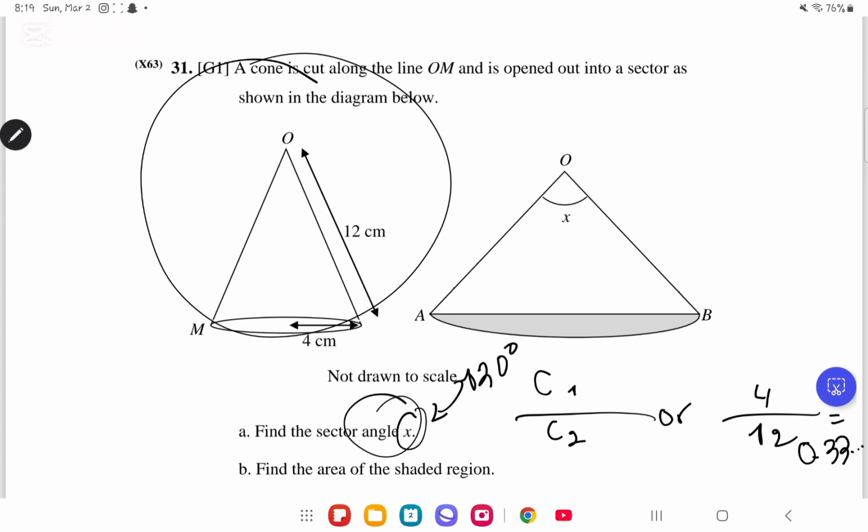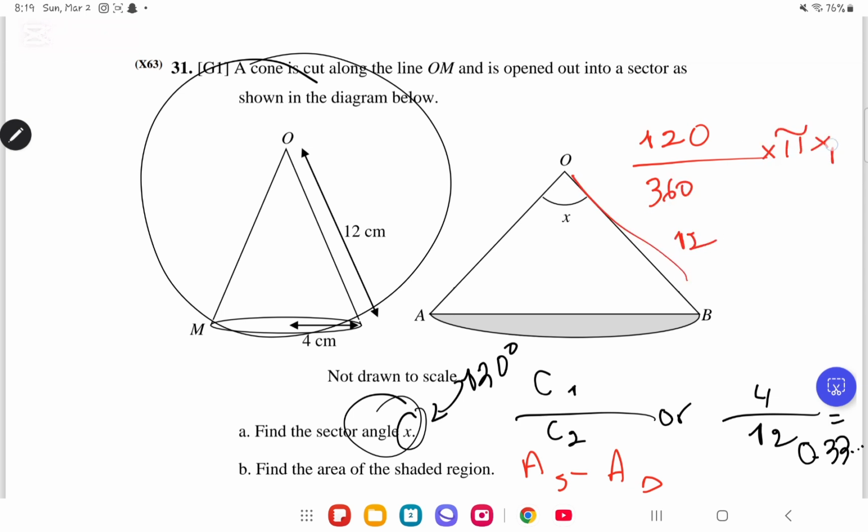Okay, now to find the area of the shaded region, you need to first find the area of the sector and subtract it from the area of the triangle. Very simply, the area of the sector is angle over 360 times pi times the radius. We know that the radius is 12, so 12 squared. Then you're going to subtract it from the area of the triangle, which is 12 times 12, so side times side, times 1 over 2 times sine the angle in between them, which is 120.